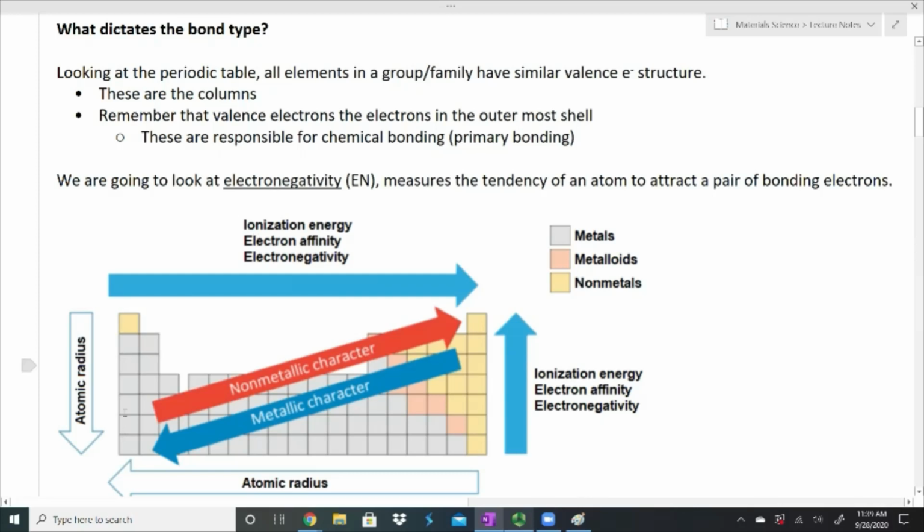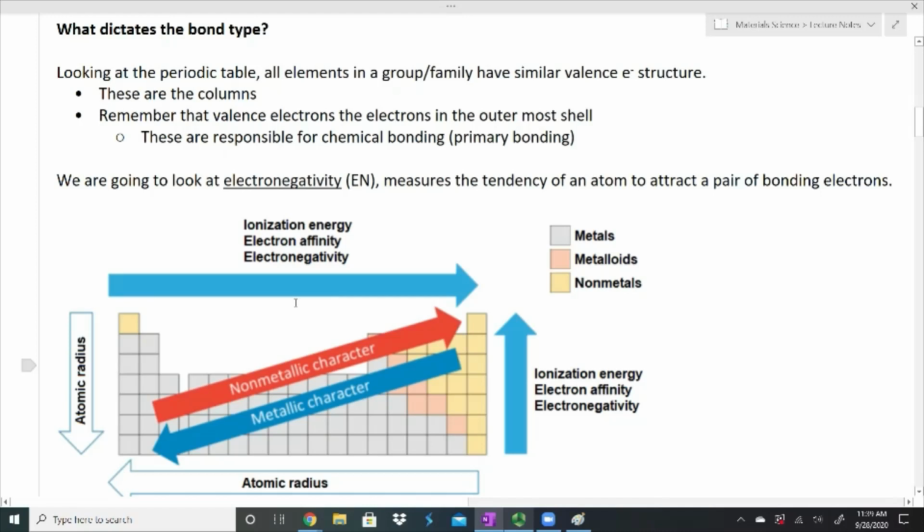In these columns, we are going to start getting similar electron structure as well. And that is going to get into our valence electrons. And valence electrons are the electrons in the outermost shell. And those are the electrons that are responsible for chemical bonding or primary bonding, where we actually have electron interaction.